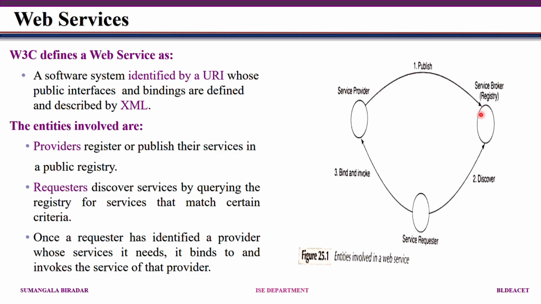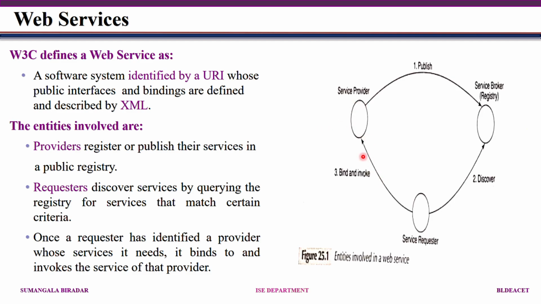After that, if a service requester wants any type of service, first they have to check in the registry to discover whether that service is available or not, and which service provider will provide those services. Once the service requester gets to know that the required services are available from that particular service provider, then it binds to and invokes the services from that provider.